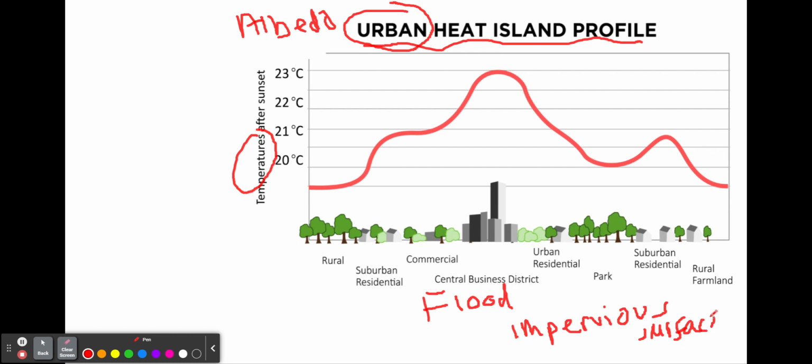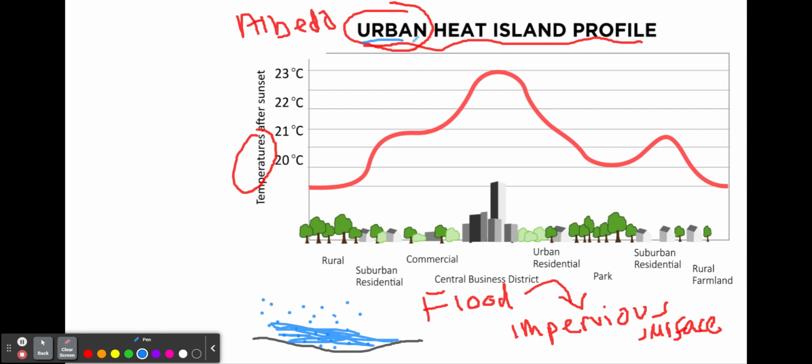Okay, impervious surface. Urban areas tend to flood a lot because they have impervious surface, meaning that water that hits an impervious surface cannot trickle down or percolate through it, leading to massive amounts of flooding.